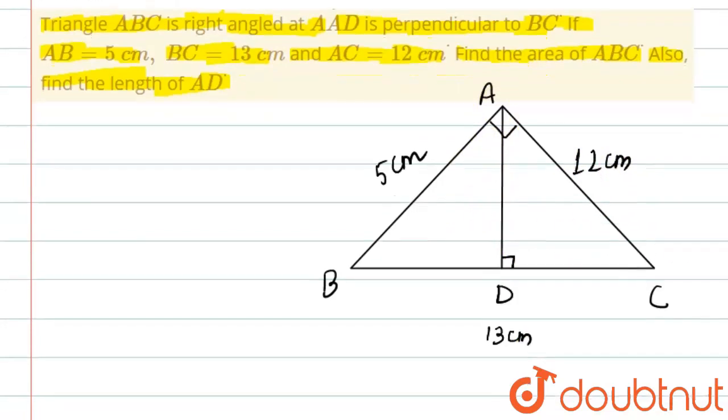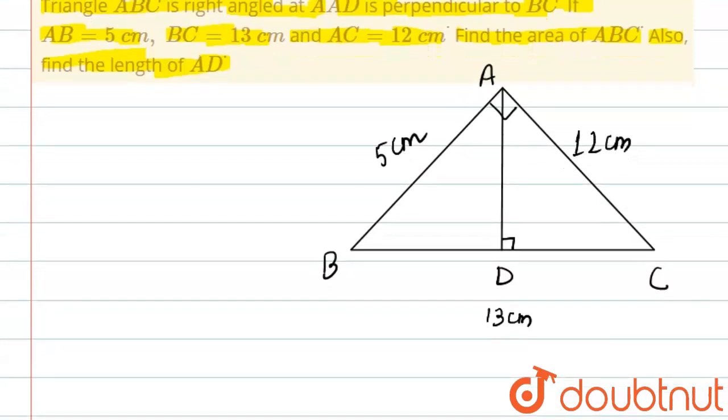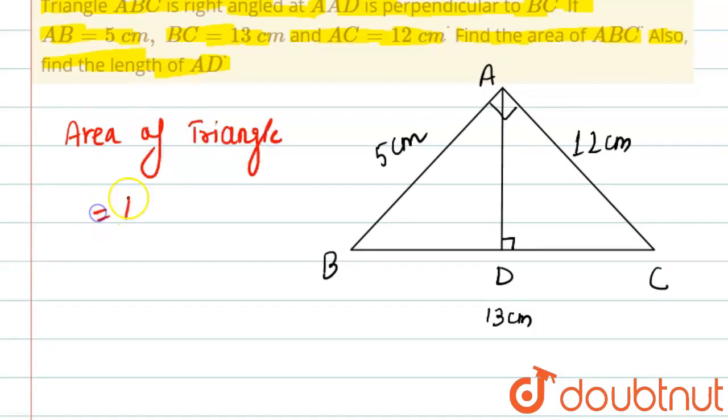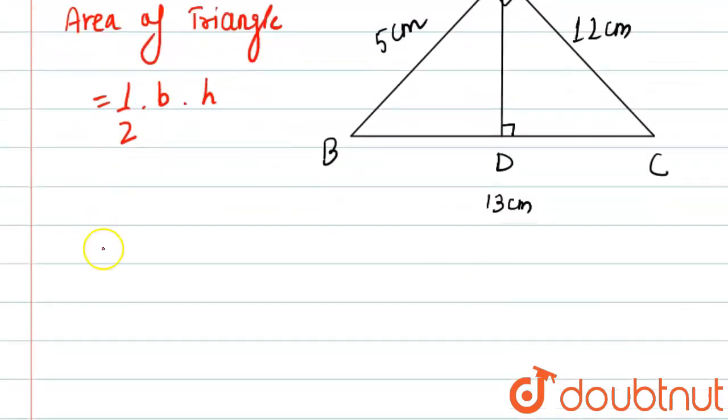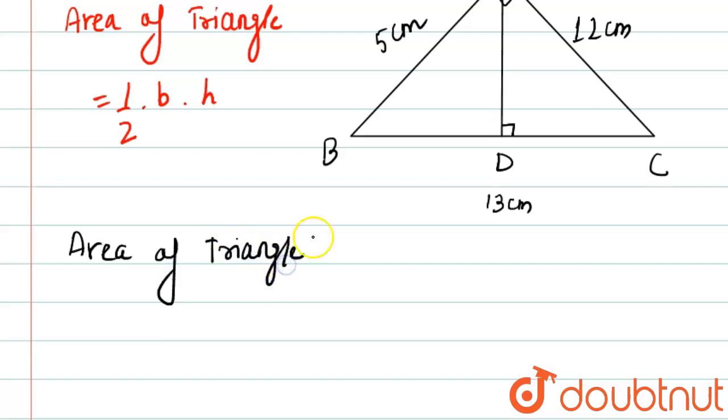Since we know that the area of a triangle is, let's write the formula here, half base into height or altitude. B is base, H is height. So in the case of triangle ABC, we can write area of triangle ABC will be half base.